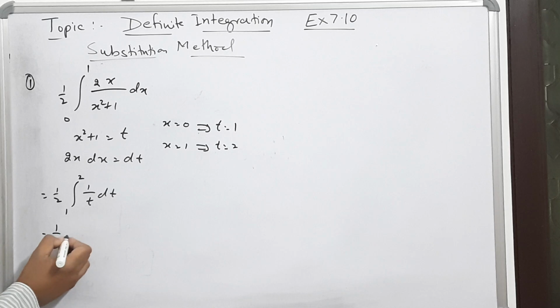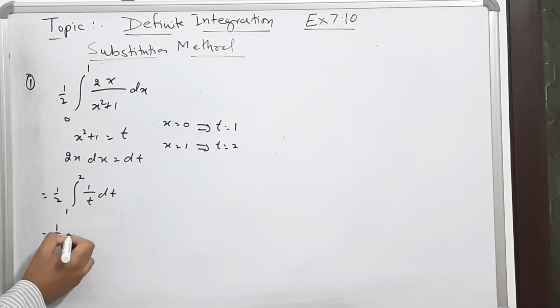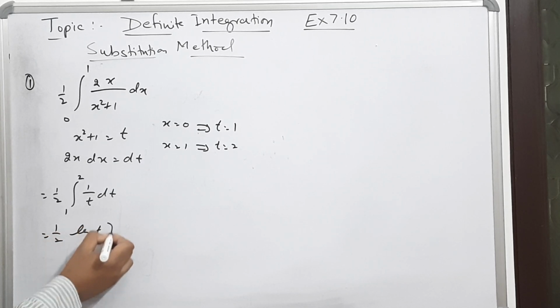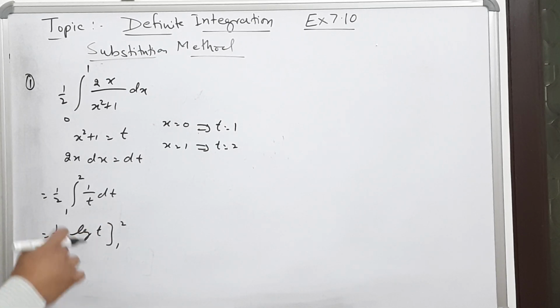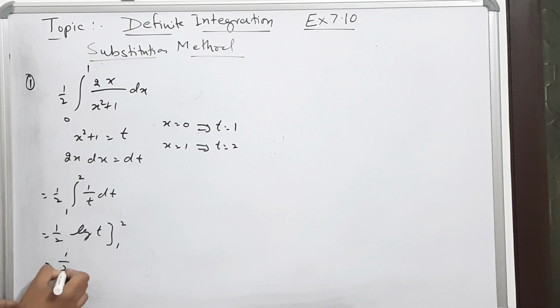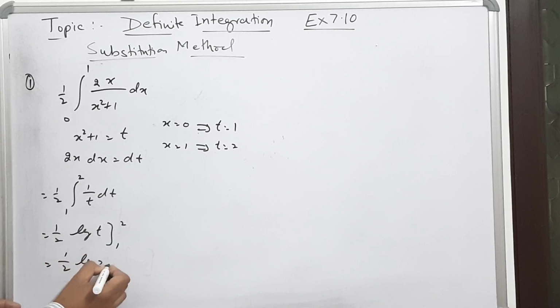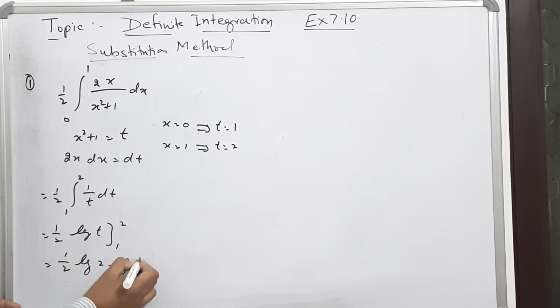And now the answer is 1 by 2 log t, and the limit will be 1 to 2. Now here the important part is that it is not required to put the value of t again. Directly you can put the new limits. So the answer is 1 by 2 log 2 minus log 1.